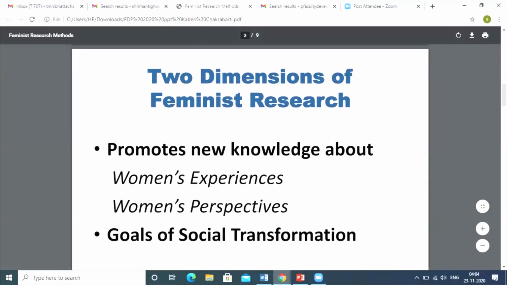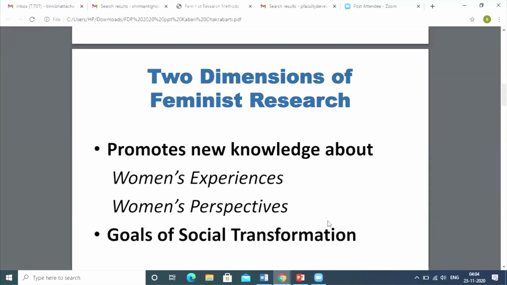So, this is the first most important feature or dimension of feminist research that makes it different from other researches.